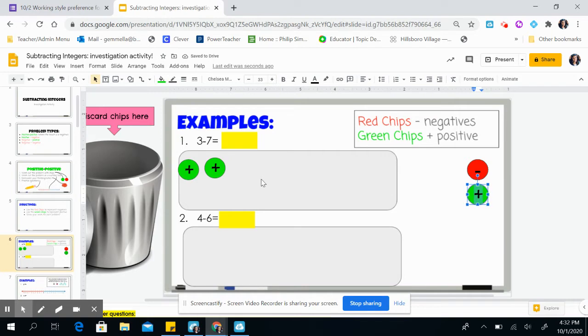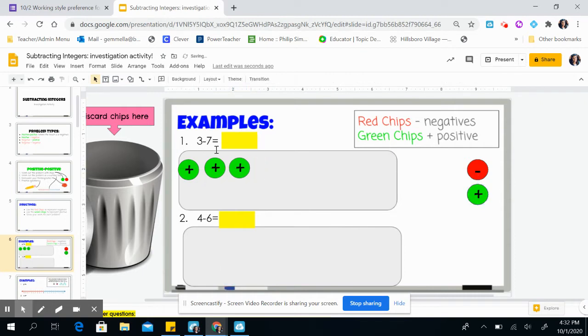Now, if I were to try to subtract 7 positives from here, I cannot do that because I only have 3 positives. So I need to think of a solution for a way that I could get some more positive chips on this mat without changing the value.